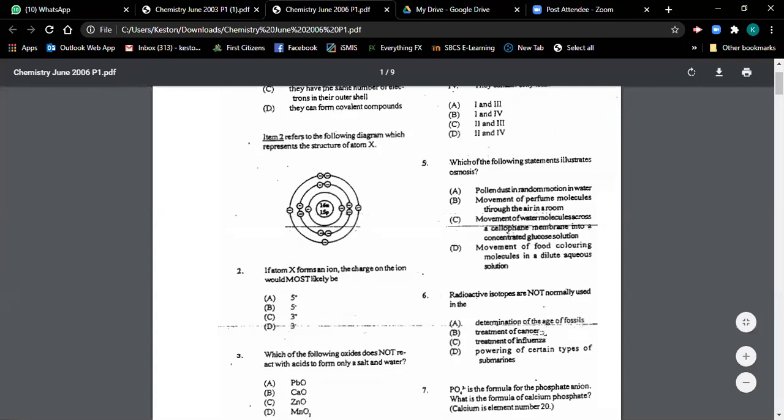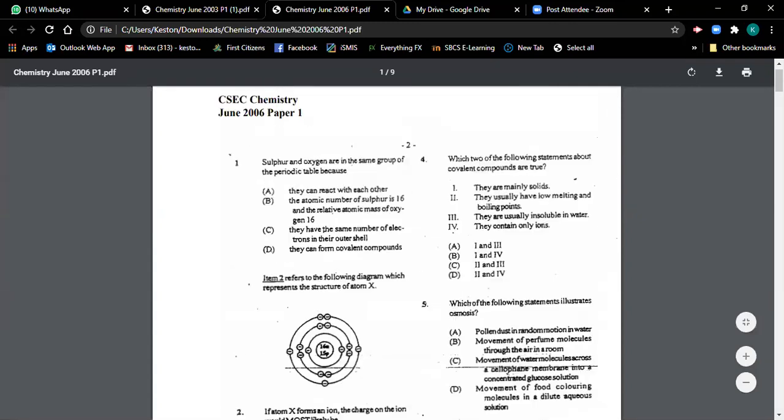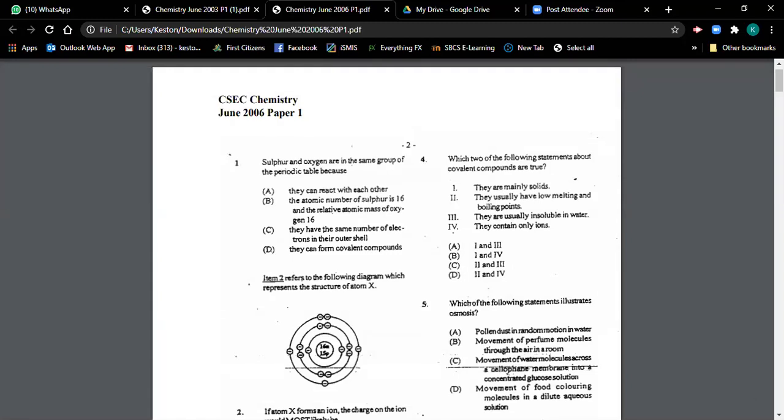Right, for number 4, which of the following statements about covalent compounds are true? Covalent compounds. Right.